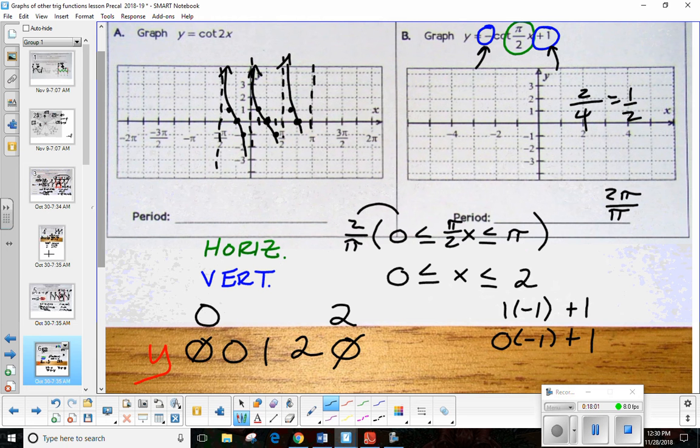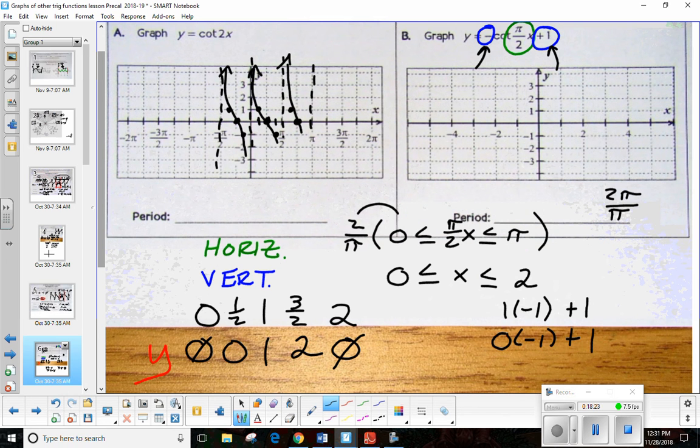So 0 plus 1/2 is 1/2. Plus 1/2 is 1. Plus 1/2, 3/2. Or if you want to go 0.5 and 1.5, that doesn't change anything. That's perfectly fine. Now, are there any questions on how we got these? Is anybody having trouble?